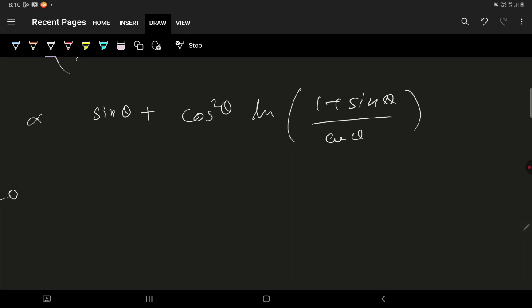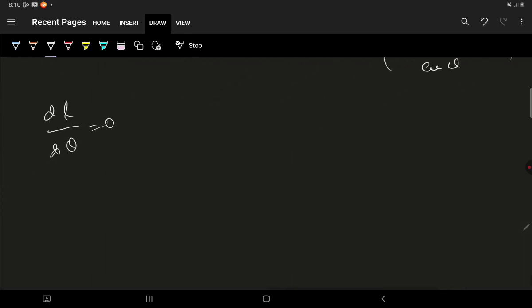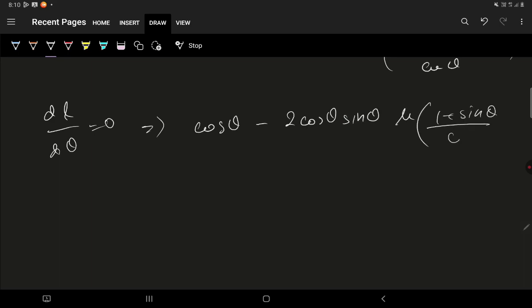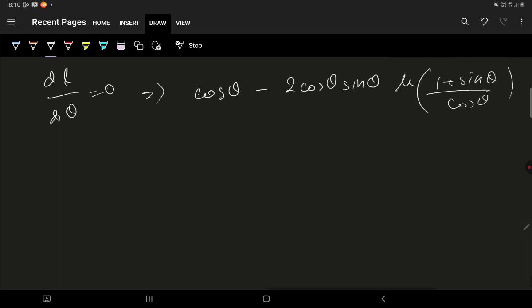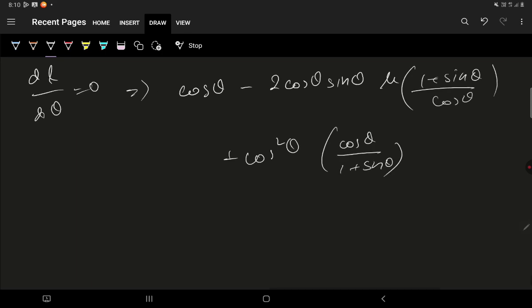Now converting this tan theta plus sec theta into 1 plus sin theta by cos theta, it will involve pretty heavy calculations. So you will get cos theta minus 2 cos theta sin theta ln of 1 plus sin theta by cos theta, plus cos square theta into the derivative of the log term, and rest of the terms.